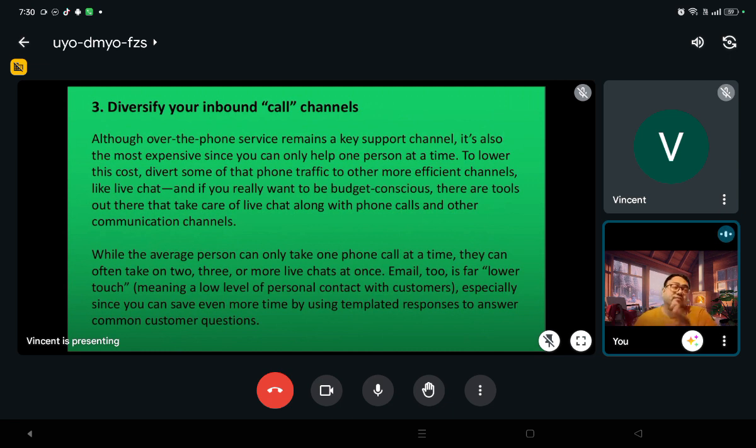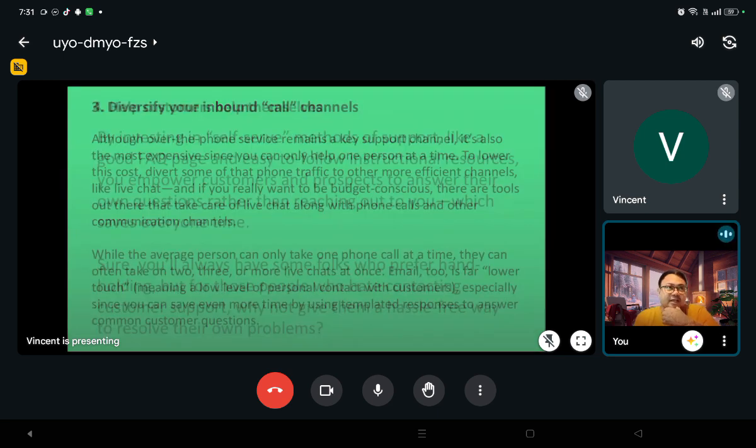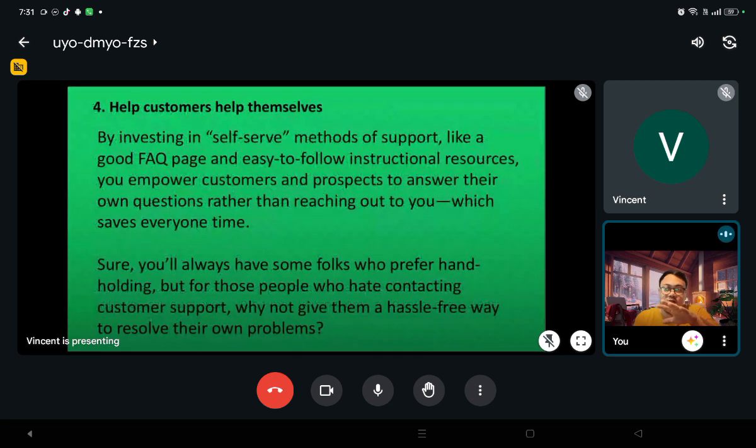While we have telephone, we can only talk to one customer, one on one, unlike chat, where we can have three, or we can do multitasking. Especially in email, lots of agents can have lots of emails, right?